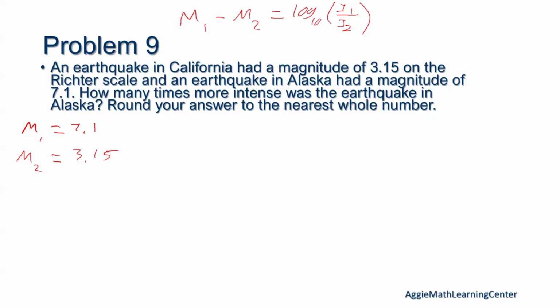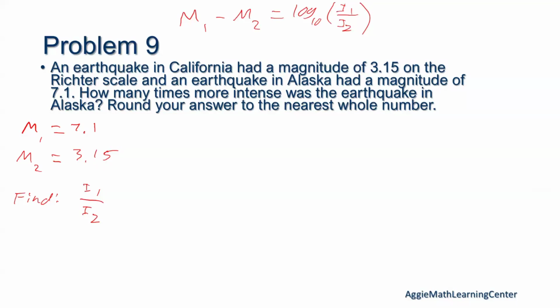So you need to find what I1 over I2 is, because the intensity of Alaska divided by the intensity of the Californian earthquake will give you how much greater the Alaskan one was. That's what you're trying to find.